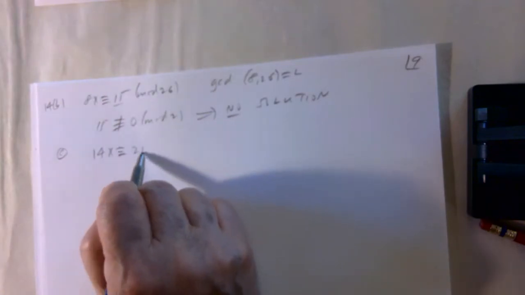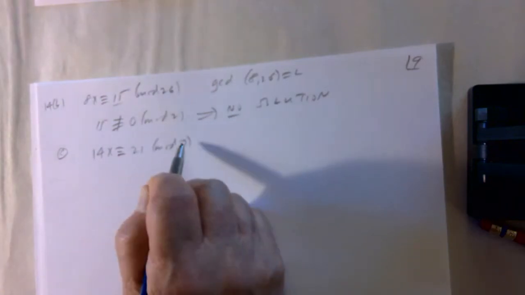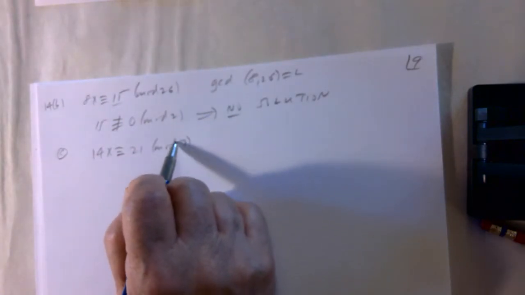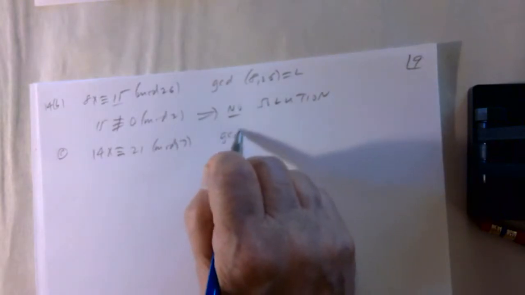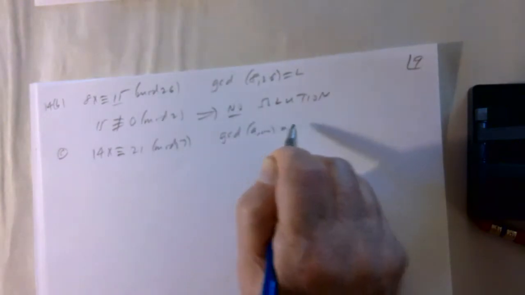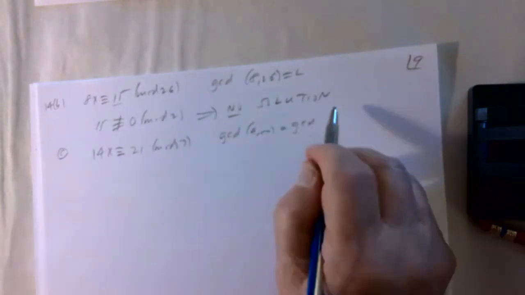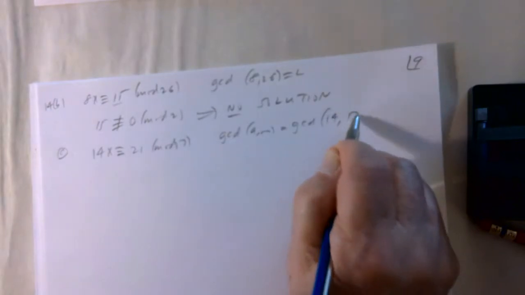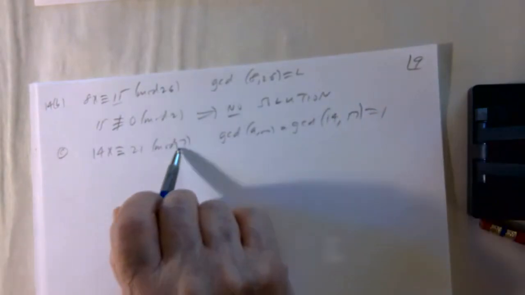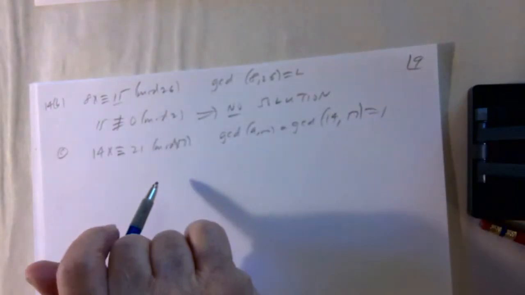Let's see, part C, 14x congruent to 21 mod 17. So the GCD of 14 and 17 is 1. So this will have a solution.